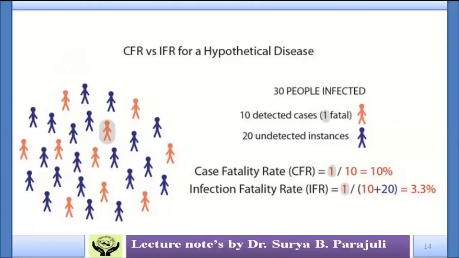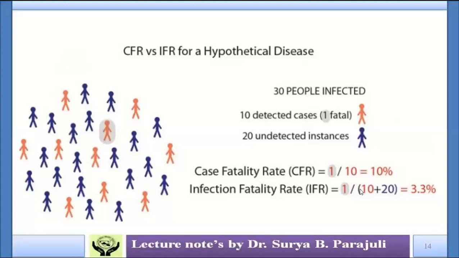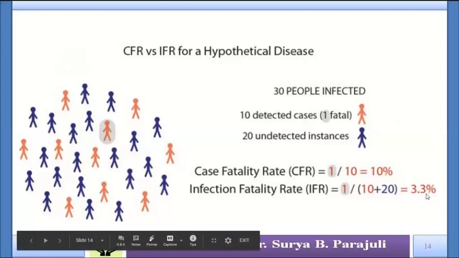In the current situation of COVID-19, WHO or the Nepal government or other organizations are advocating for case fatality rate. But for infection fatality rate, it is 1 by 30, out of infected only 1 died, only 3.3%.